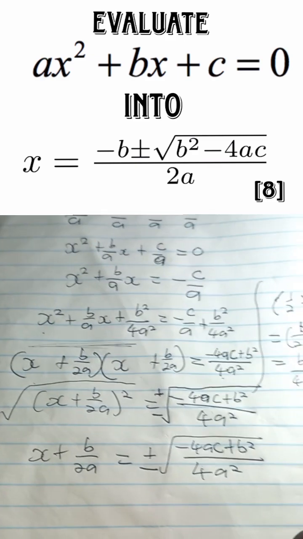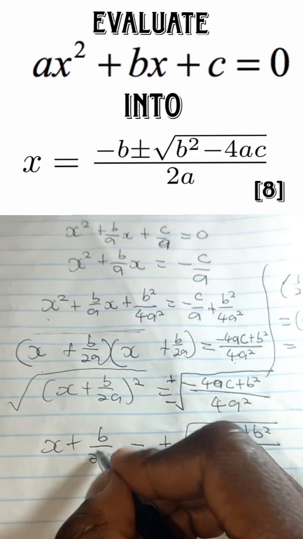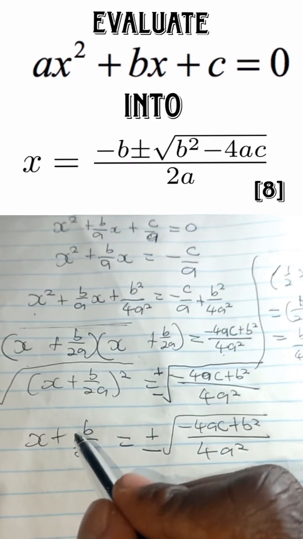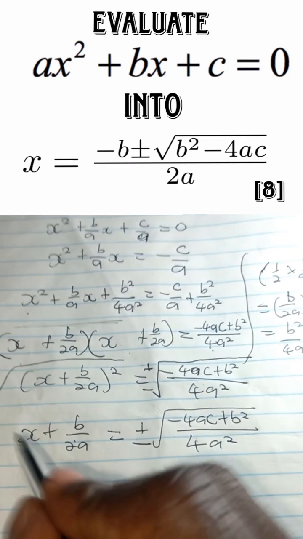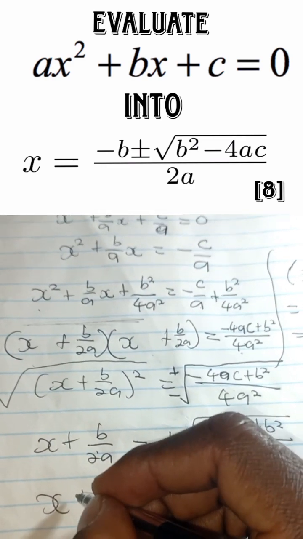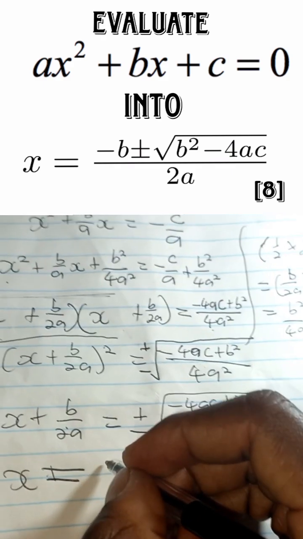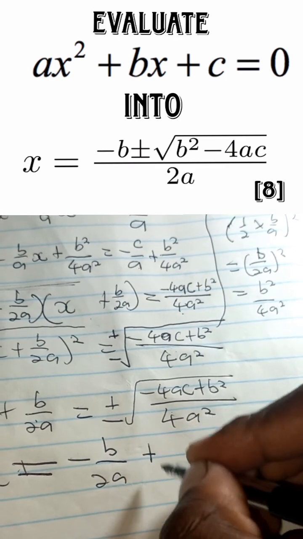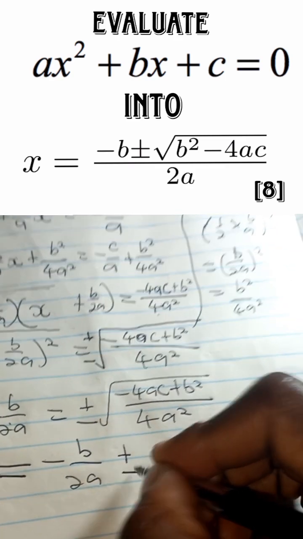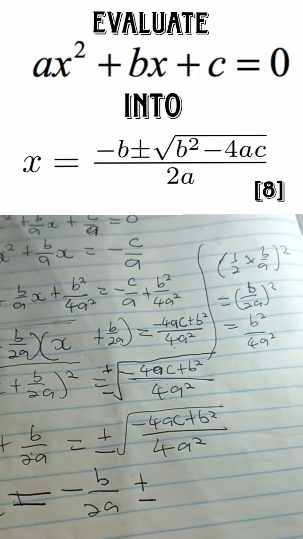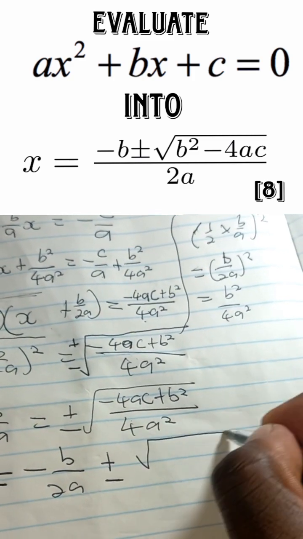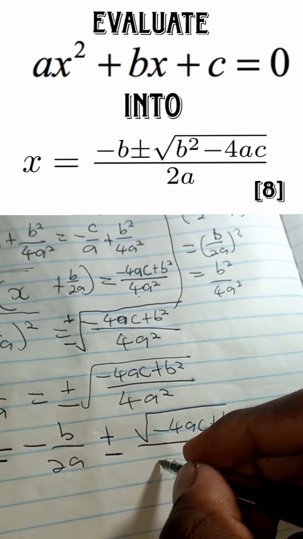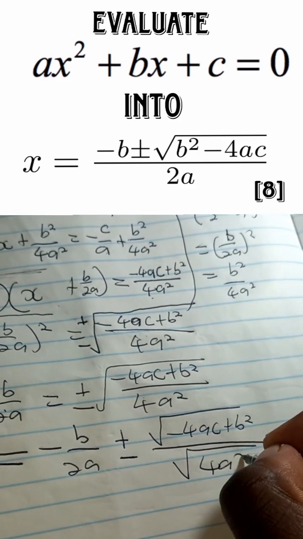Then we take this one to the other side by subtracting b over 2a on both sides. It's going to be x equals minus b over 2a plus or minus the radical of minus 4ac plus b squared divided by the radical of 4a squared.